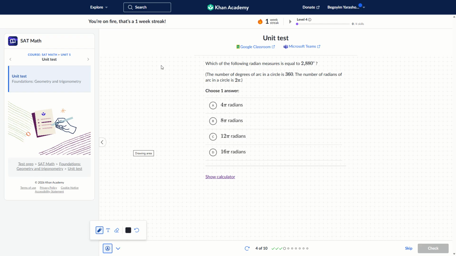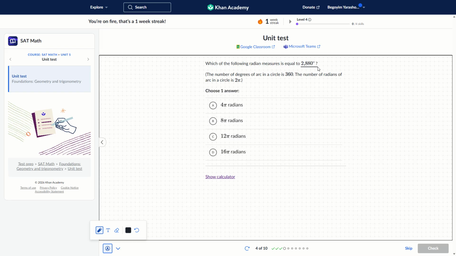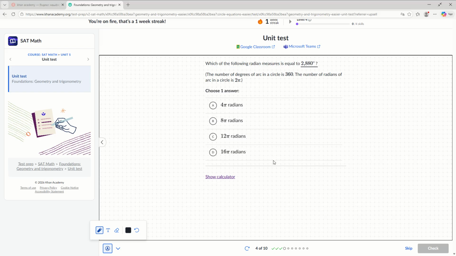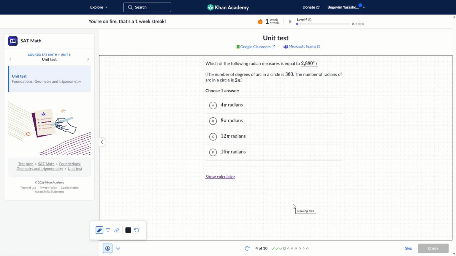Which of the following radian measures is equal to this one? We are given an angle, and they are asking to transform it into radians. When you are given an angle and they ask to find the radians, there is a simple shortcut.